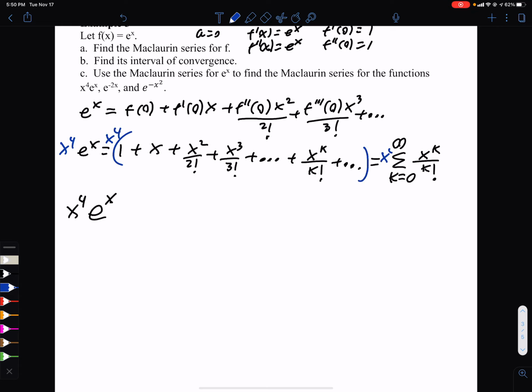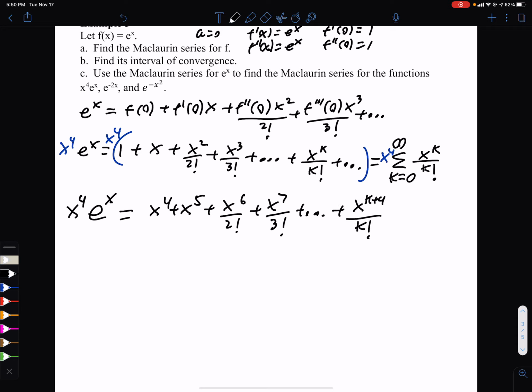And I'll multiply this by x to the fourth. So we get x to the fourth, distributing, x to the fifth, x to the sixth over 2 factorial, x to the seventh over 3 factorial, plus dot, dot, dot, plus x to the k plus 4 over k factorial plus dot, dot, dot.